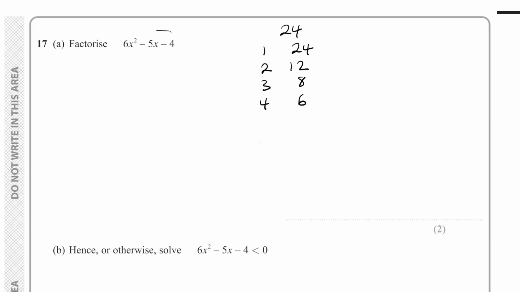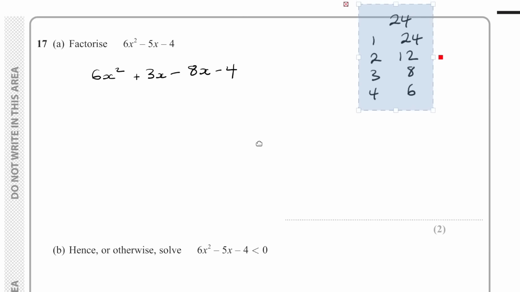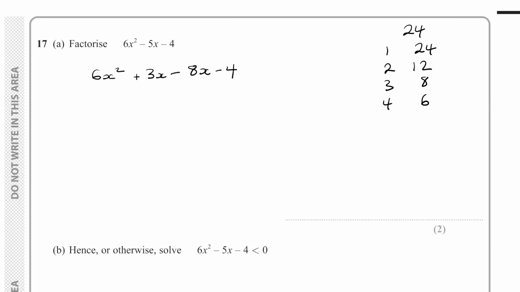So I'm going to rewrite my question as 6x squared. I want a negative 5, so plus 3x, take away 8x, minus 4. So I'm rewriting my question. So it's like unsimplifying it.